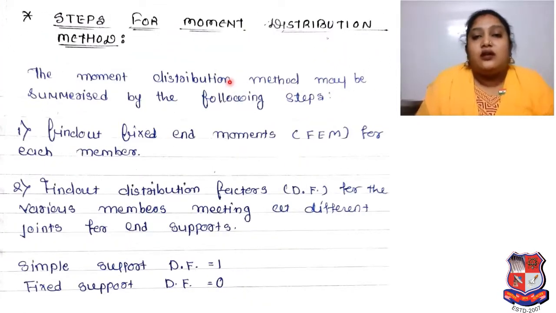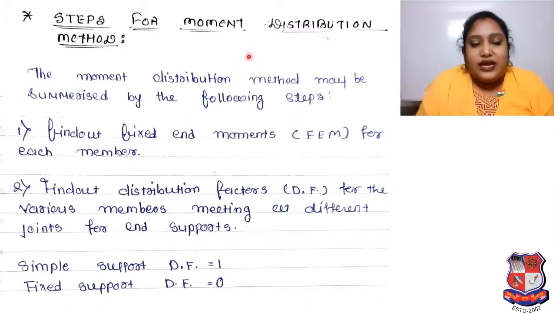Now these were all the fixed end moments as per our fundamentals of mechanics of solids. But now the steps for the moment distribution method, because now we have to solve the problem based on that. So we have knowledge of moment, reactions, BM diagram, sign conventions, and we have an idea of stiffness also.